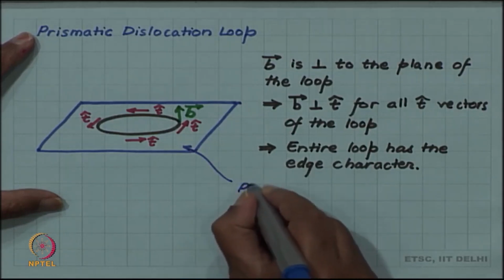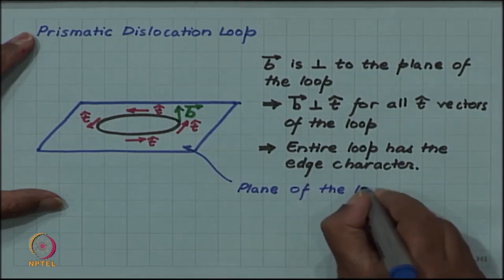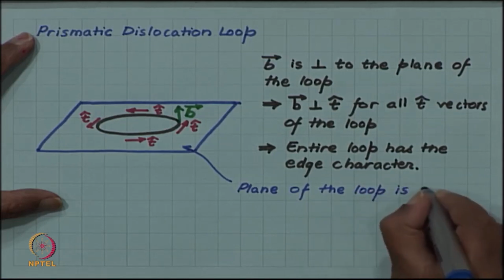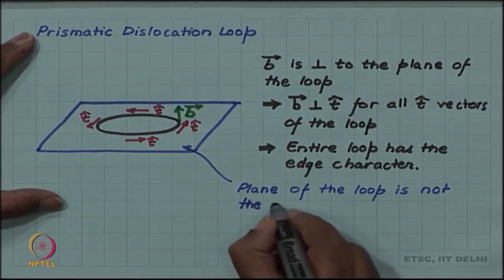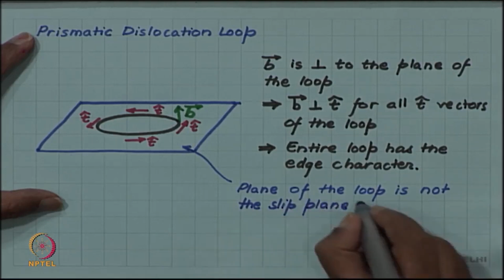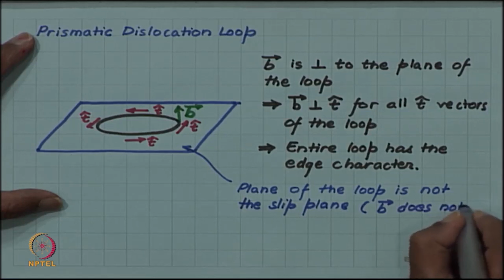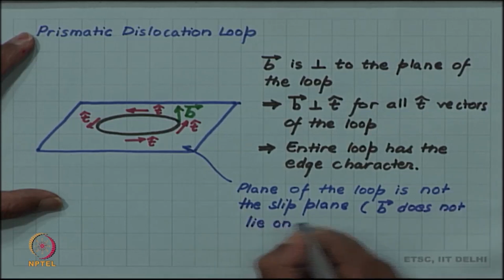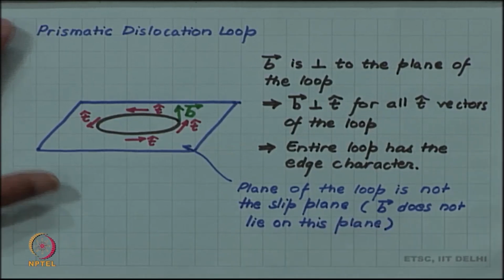So, let us note down: the plane of the loop is not the slip plane, because B does not lie on this plane. A slip plane by definition should contain both B and T.